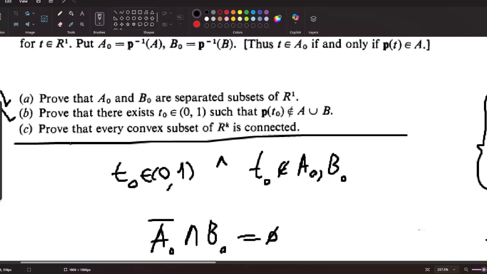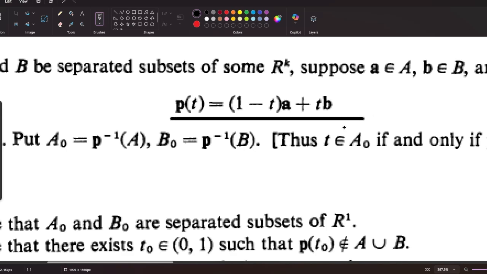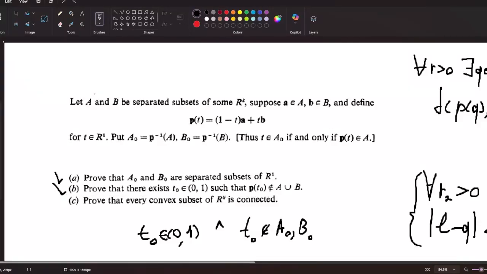Alright, C. Prove that every convex subset of R^k is connected. Well, it's a direct consequence of A and B. A convex subset of R^k is going to be connected because no matter what two points we pick, if the subsets are separated, then P of T is going to form two separated subsets.